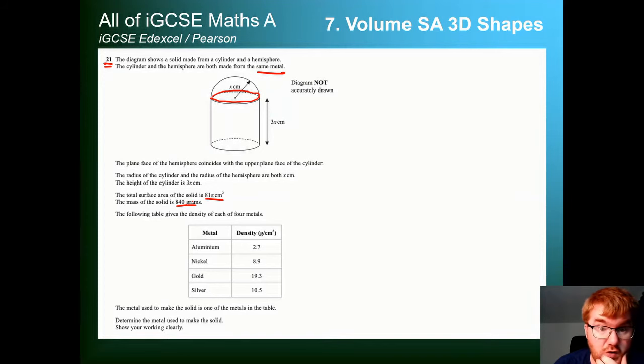Right, so the first thing we need to do is work out what this x is first of all. So first of all we want to work with surface area.